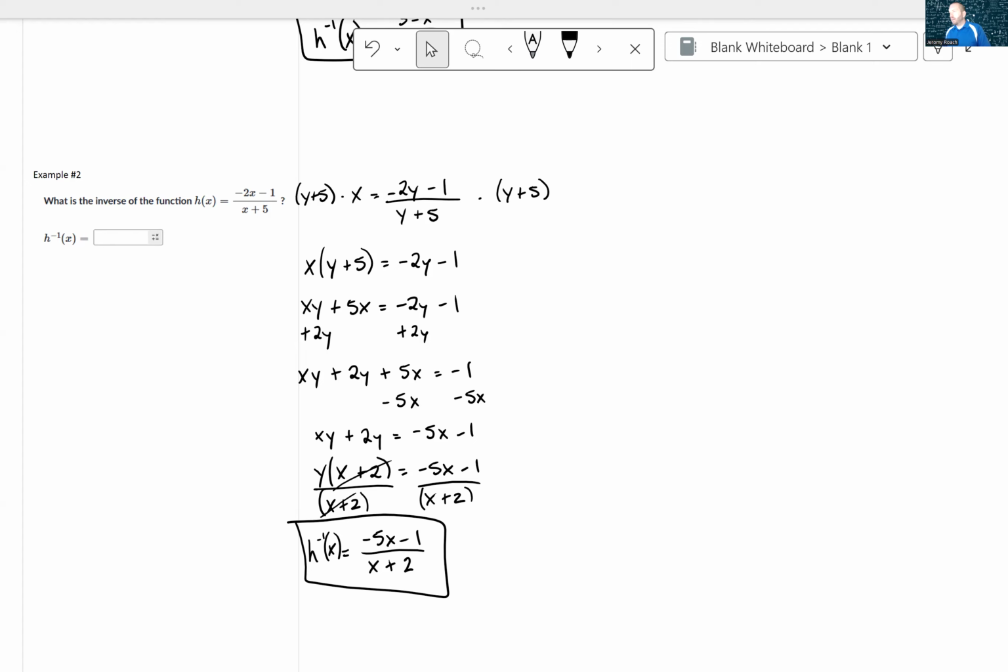I'm writing that right now, and then I'll share my screen in a second. Then on a different line, we're going to write y equals the answer for our inverse, and we'll look at what these graphs look like, just so we can get a general sense of what's going on here.